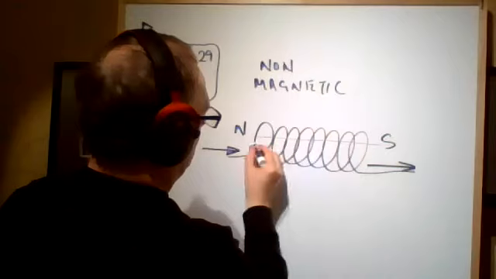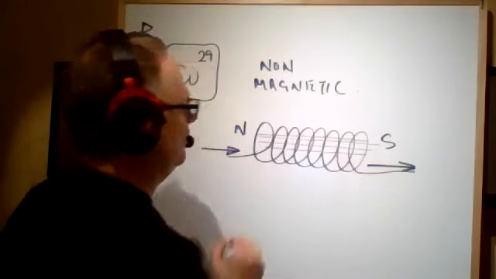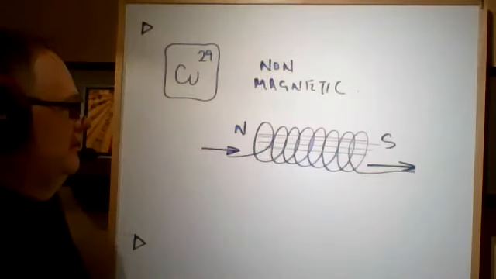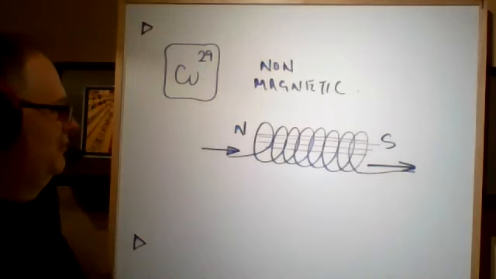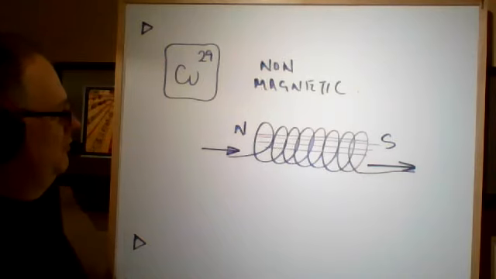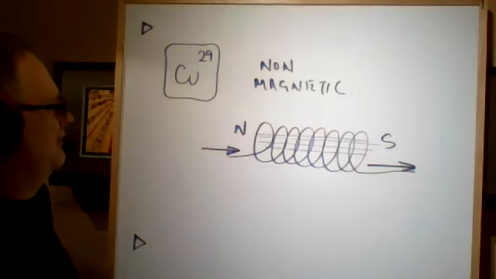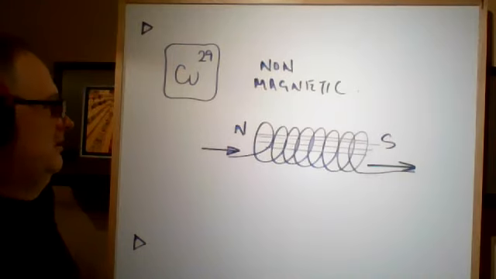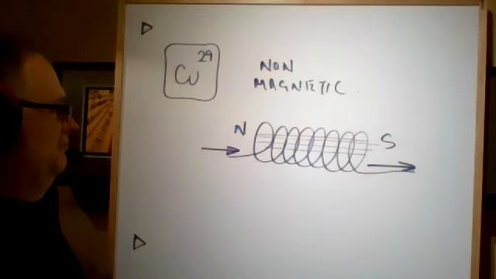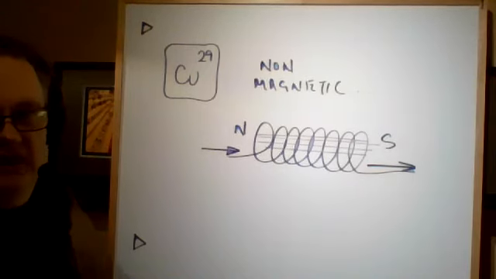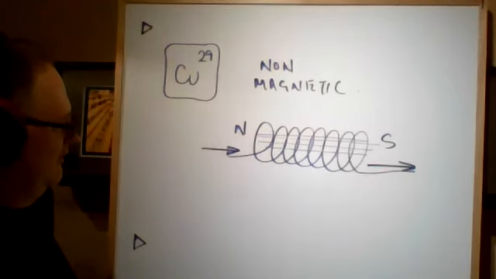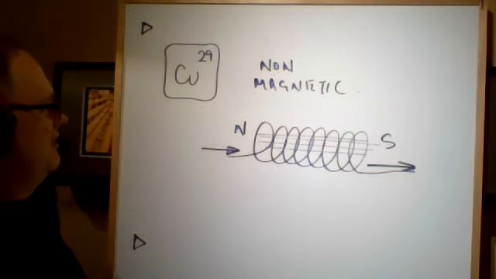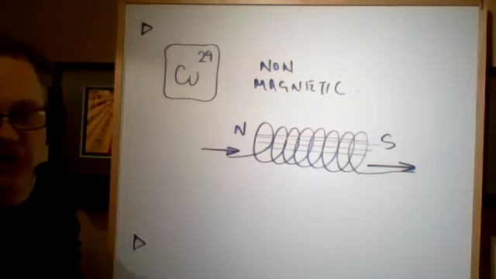So we align all the domains and we have flux going through here and we create electromagnets. If in fact copper was magnetic, the magnetism of the copper material would fight with the flux that we're developing from our electromagnet, and it would greatly weaken it or make it almost unworkable as a material for coils and contactors and things like that. So it's very important that copper is non-magnetic.